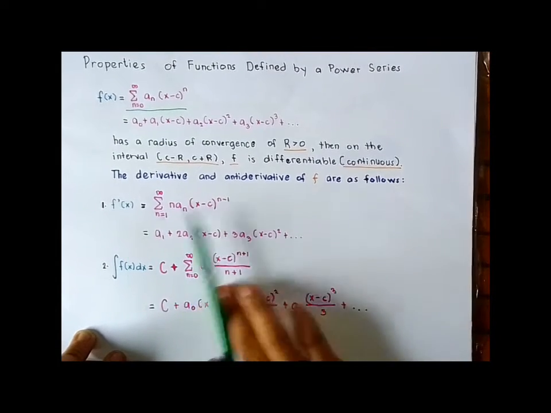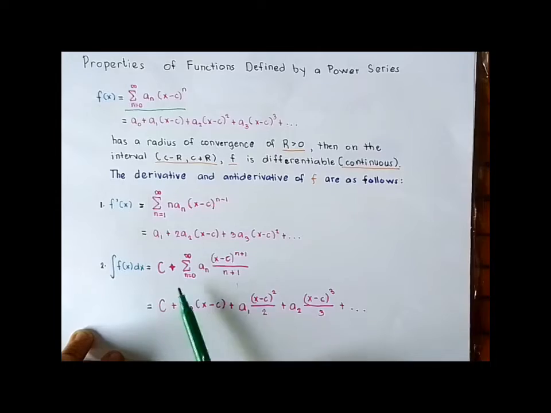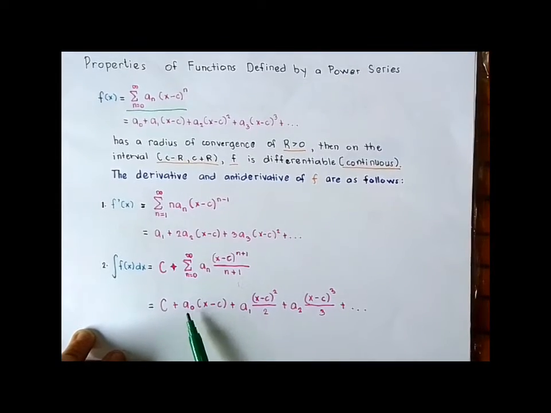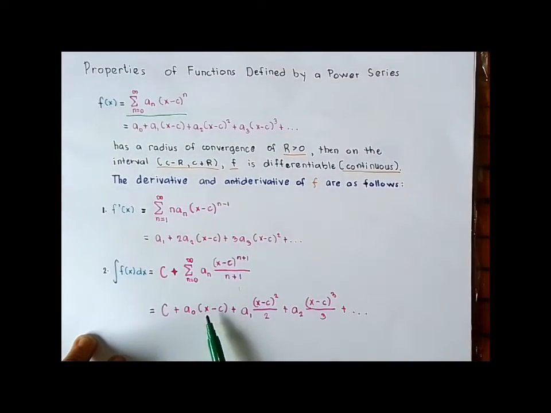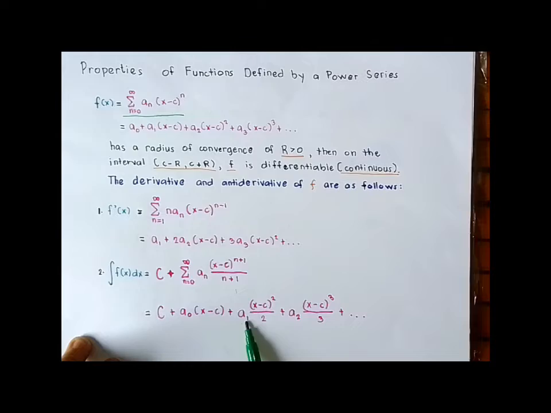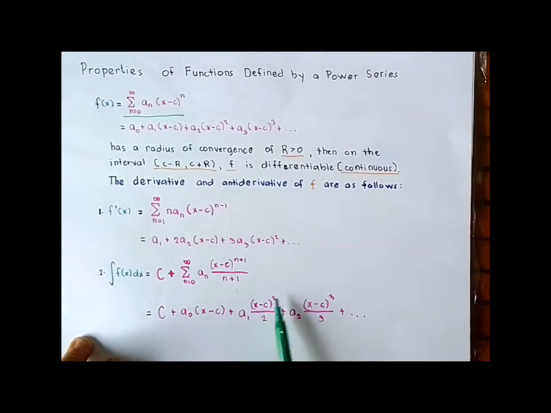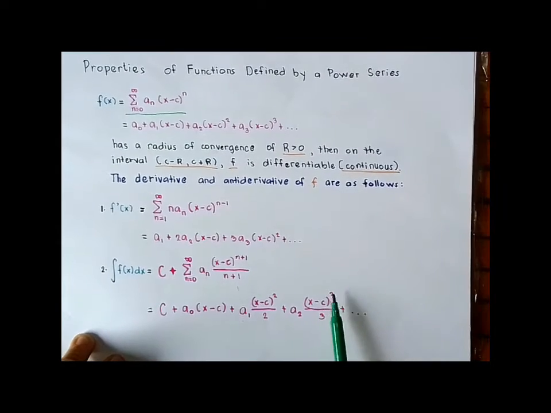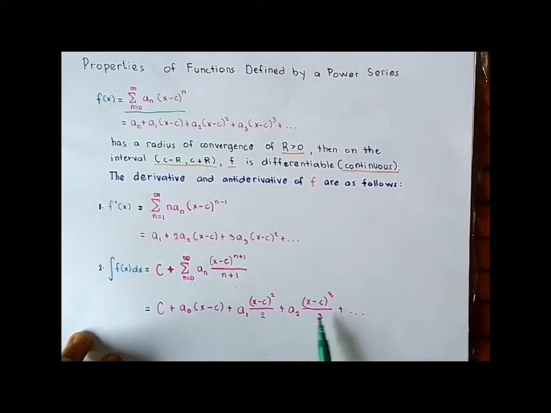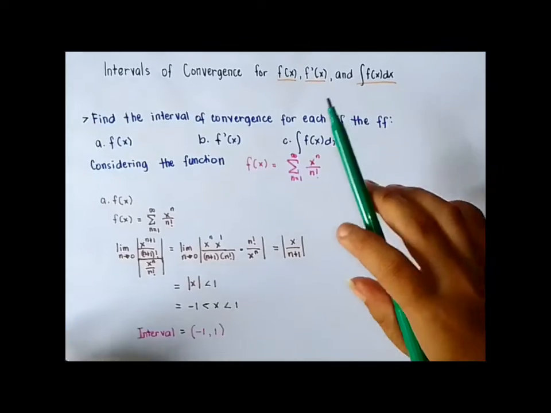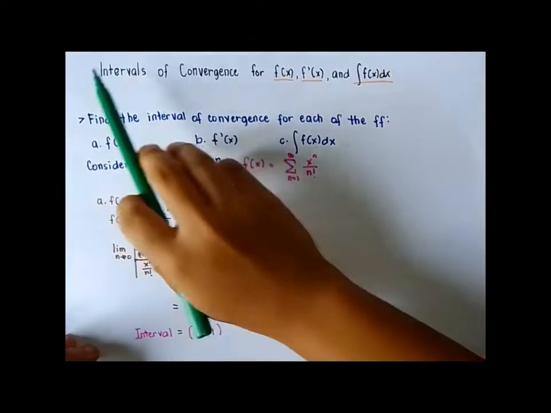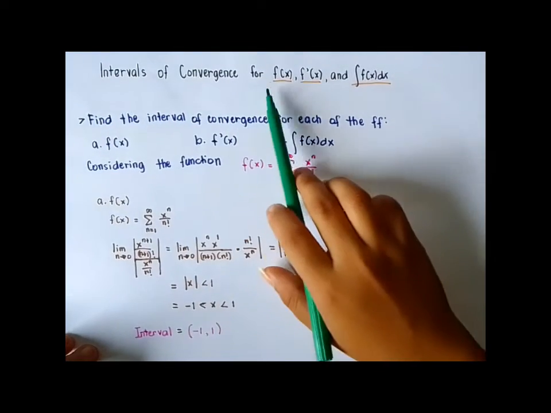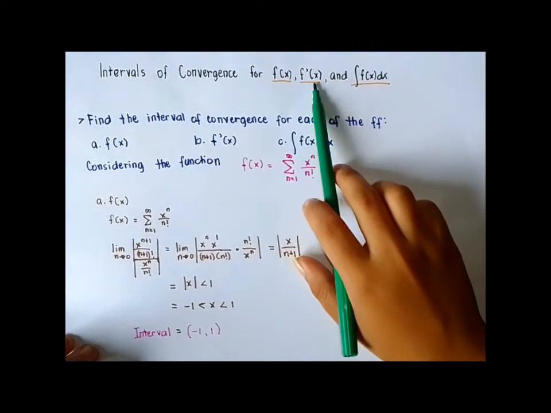Applying chain rule to this antiderivative of f, we have c plus a sub 0 quantity x minus c plus a1 quantity x minus c squared all over 2 plus a2 quantity x minus c to the power of 3 over 3 until infinity.